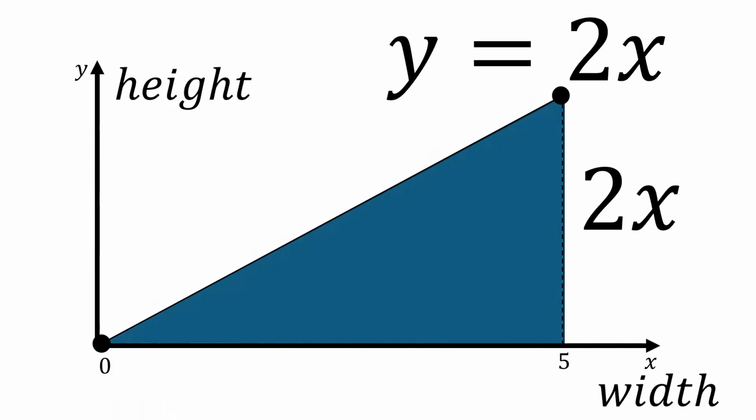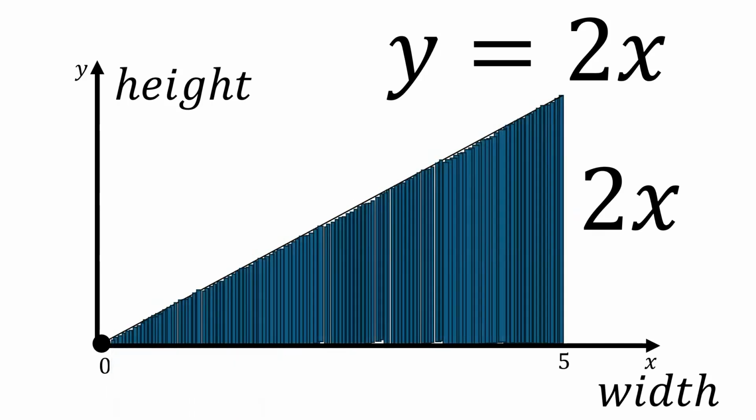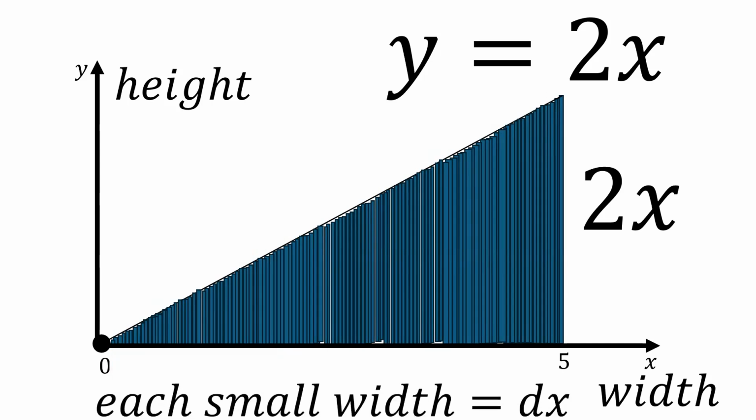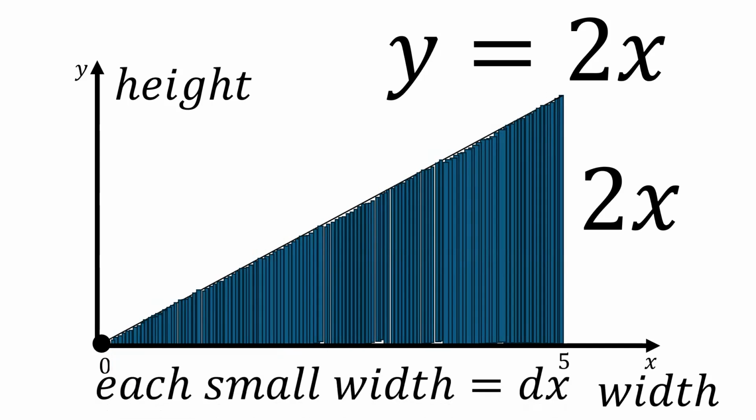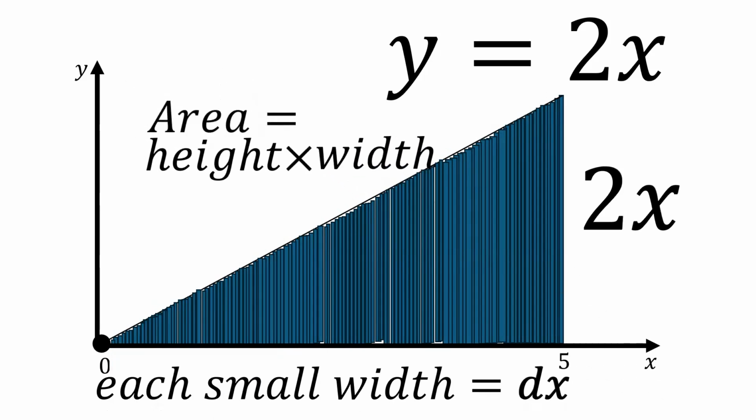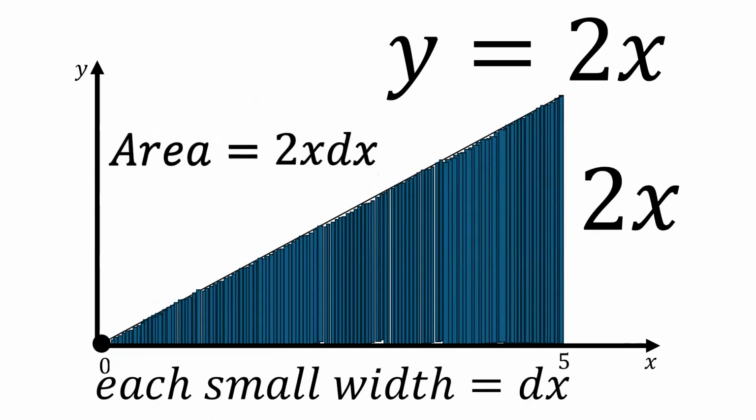Now, remember what we learned before. dx is the small change in x. I'll give you this so that you can visualize it better. Each small width of this tiny, tiny cut is equal to dx. So, since the area is height multiplied by width, the area is 2x dx. But note that dx is just a small cut.